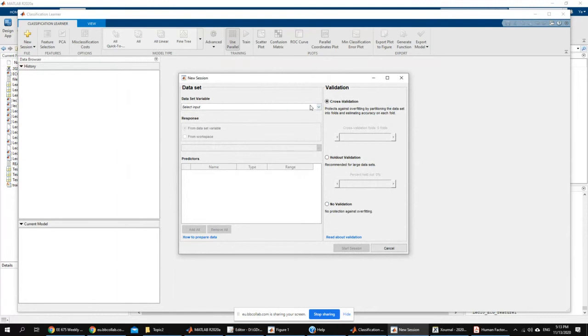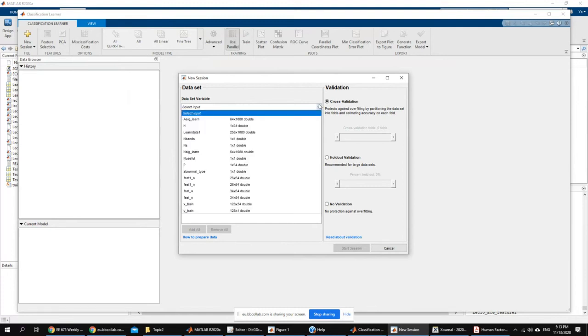It asks you for your data, for X data first. This is the data set variable, this is the X, and the response is the Y. So here I just choose X train.